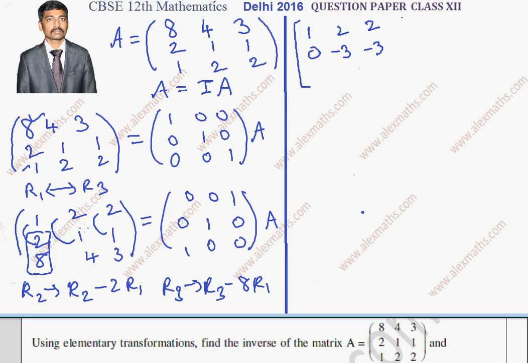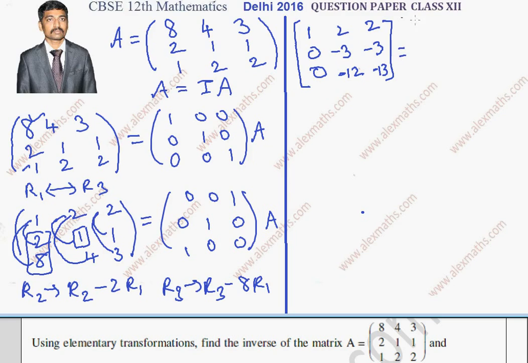That is R2, this element minus 2 times of this. Now coming to the third row, this minus 8 times R1, so 0. This minus 8 times this, so 4 minus 16, so minus 12. Then 3 minus 16, so minus 13.